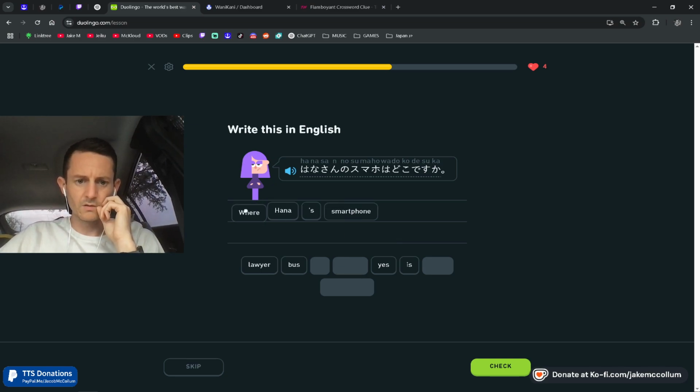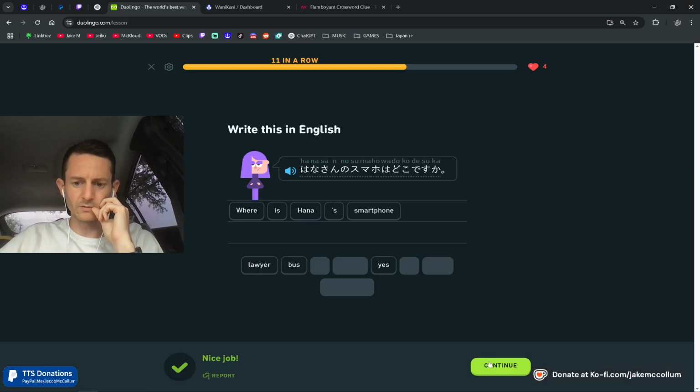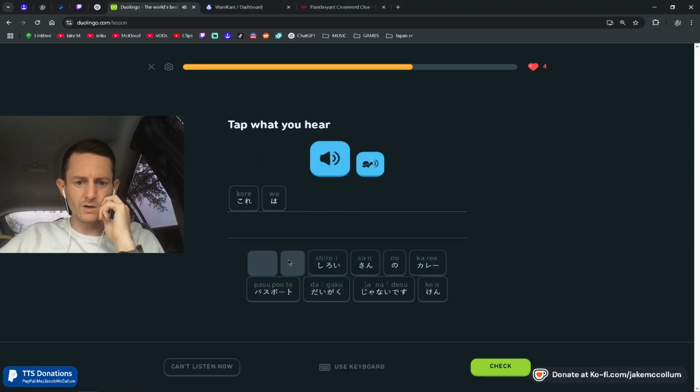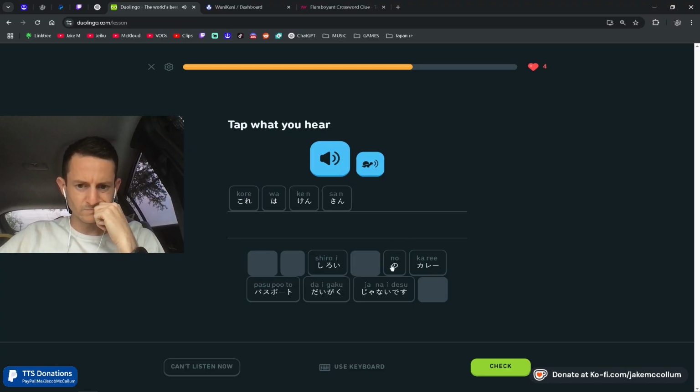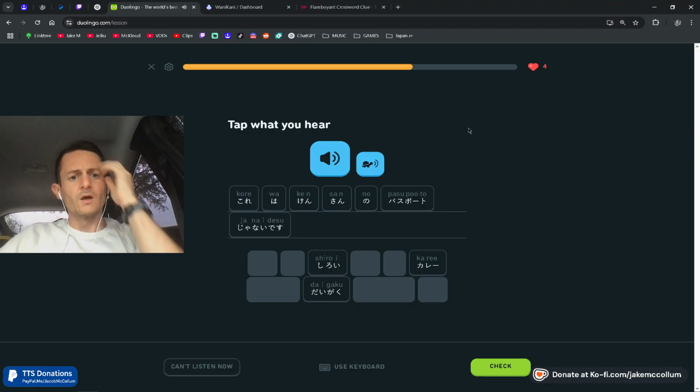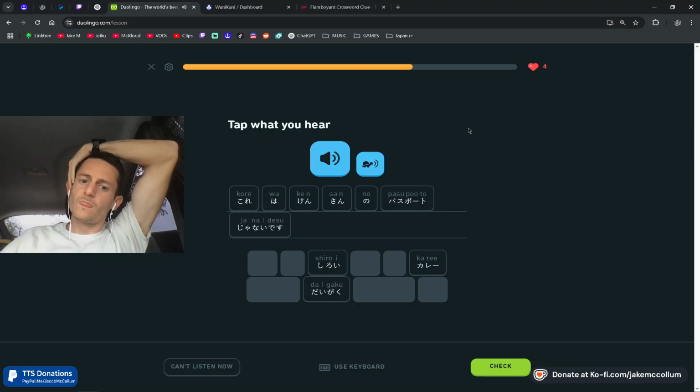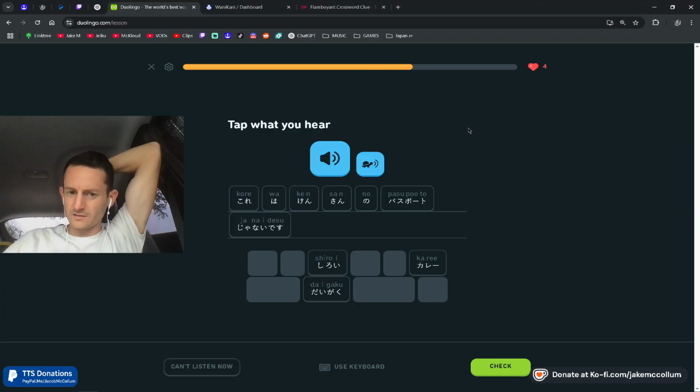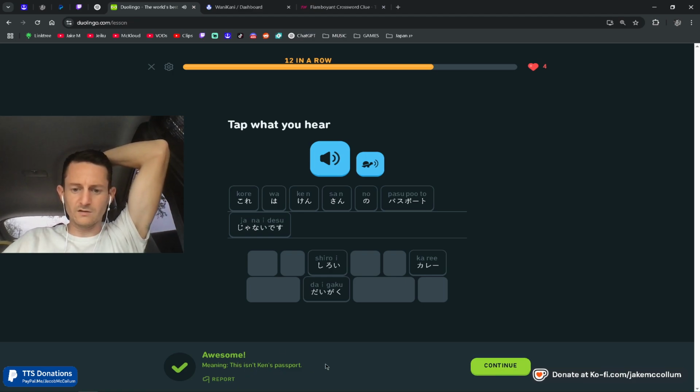Where is Hana's smartphone? これはケンさんのパスポートじゃないです. Okay, so this is not Ken's passport. This isn't Ken's passport, yeah.